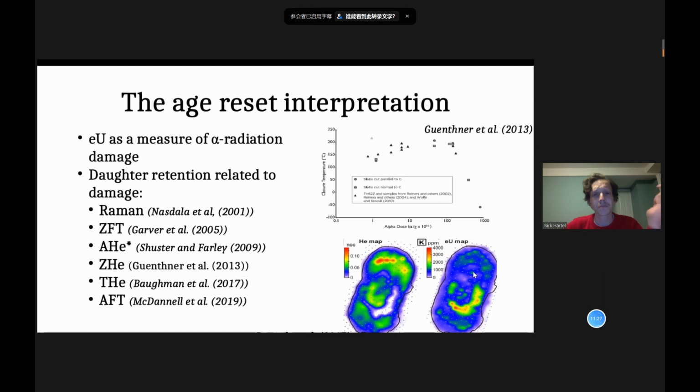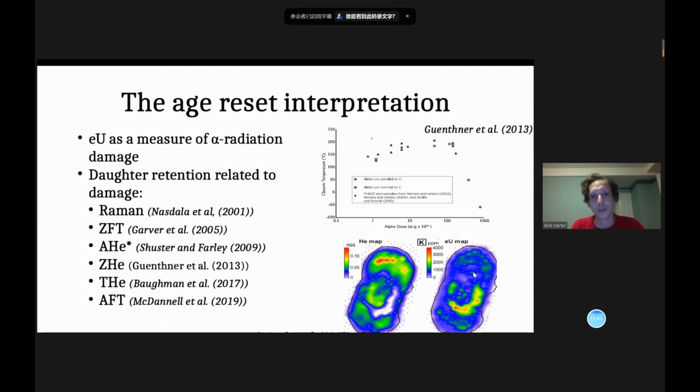If we have one sample with many different grains, the most damaged zircon, for example, should be the one that has the highest uranium and thorium or effective uranium content.